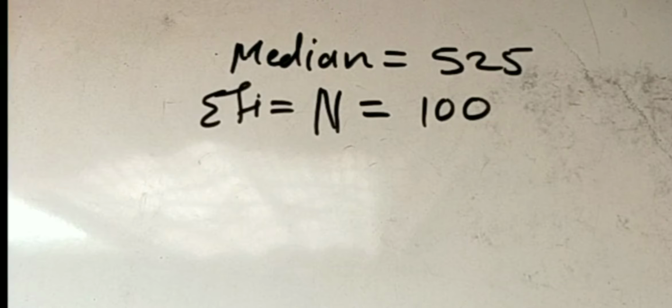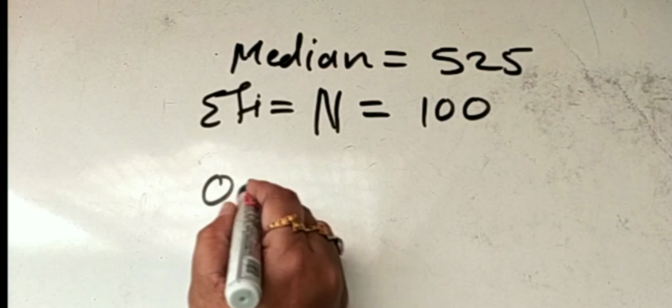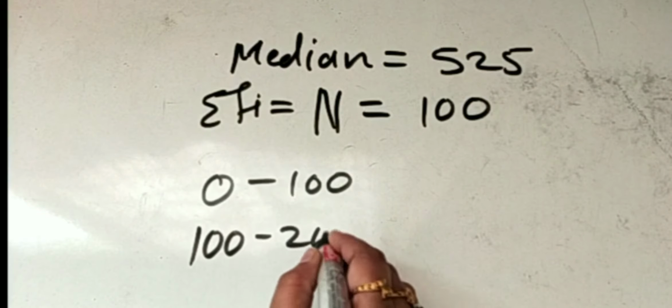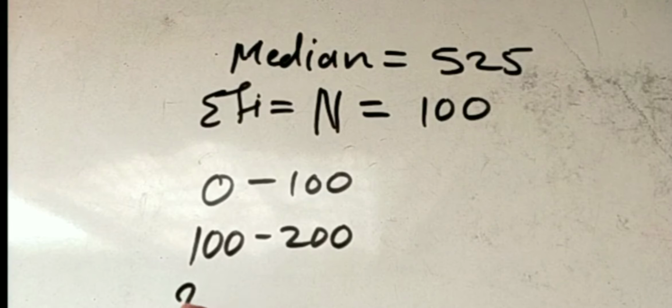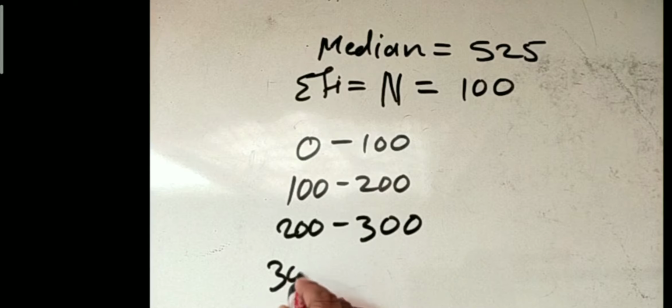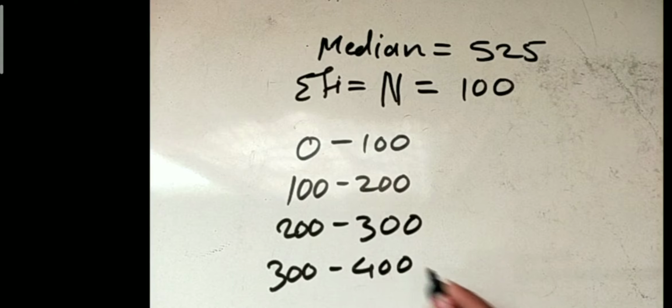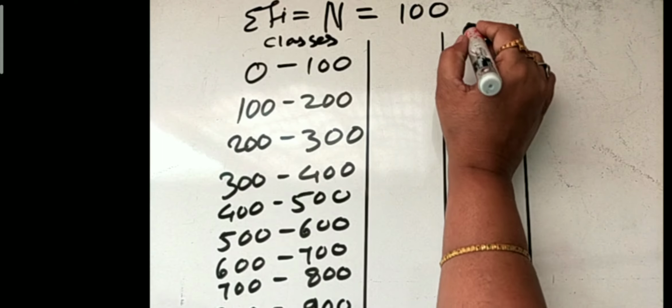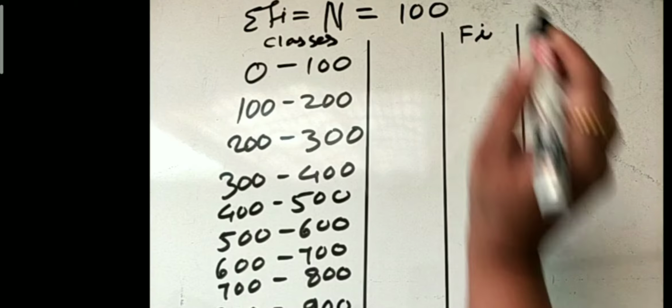Class intervals I will write here. Classes are given 0 to 100, 100 to 200, 200 to 300, 300 to 400, and up to 1000. Please write all the classes up to 1000. Frequencies are given, I will write here fi.